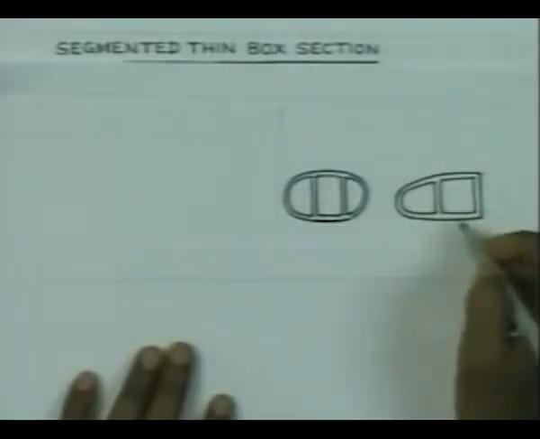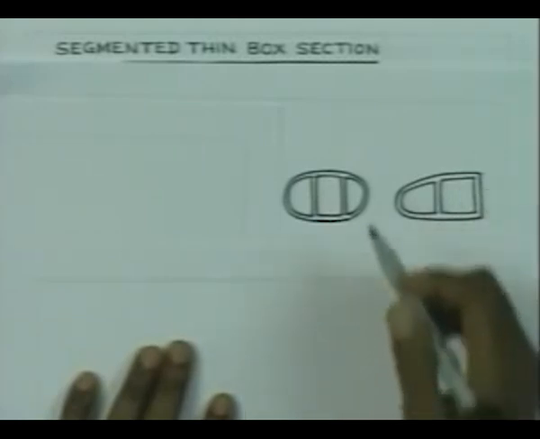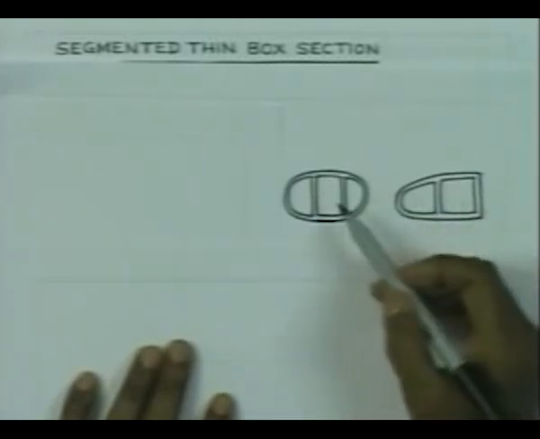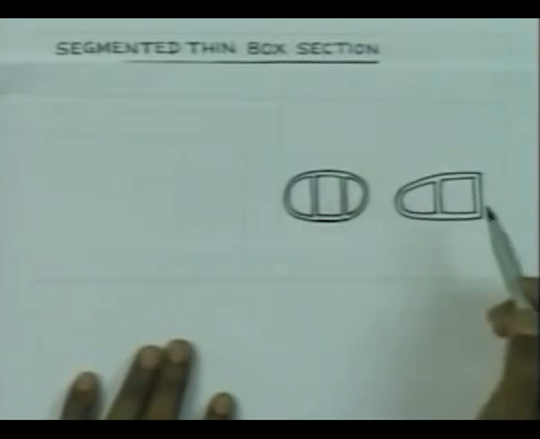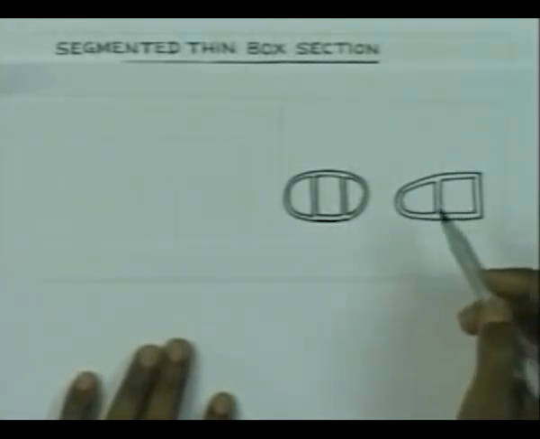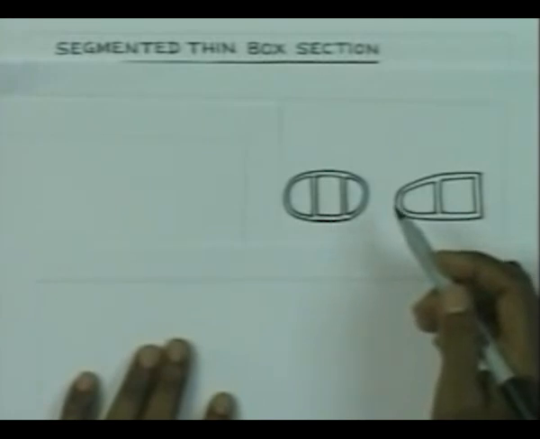So, we have done the analysis for sections wherein you had only one box. You could have situations where a number of segments are there in the box section. How to analyze these problems? So, let us look into the analysis of such sections.